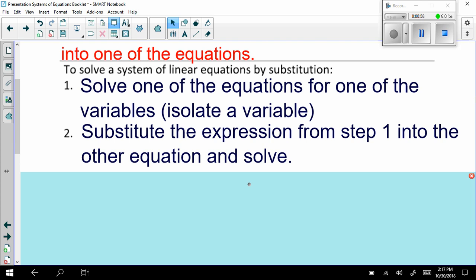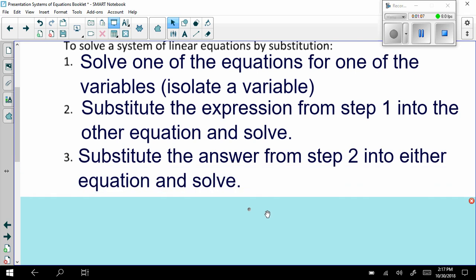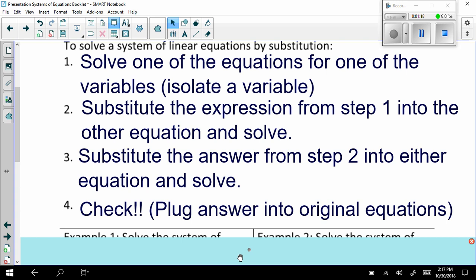What that's going to do is give you half of your answer. It's going to give you one of your values, either x or y, depending on which equation you're solving. Then you're going to take that answer and plug it into one of your equations. That's going to give you your other variable. And then, of course, we check.